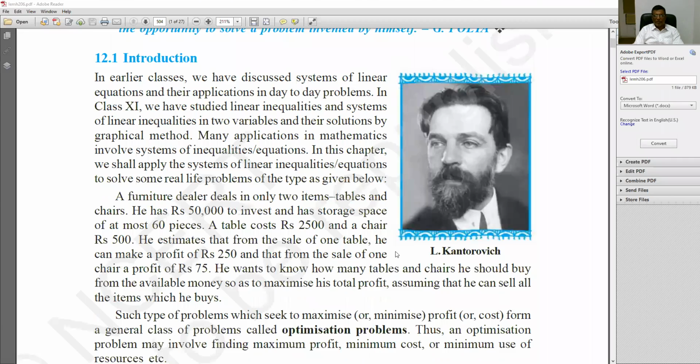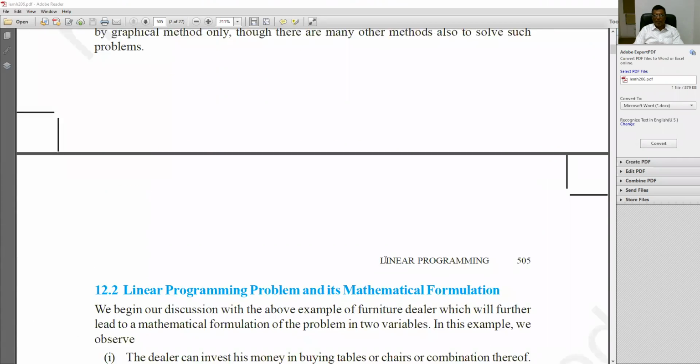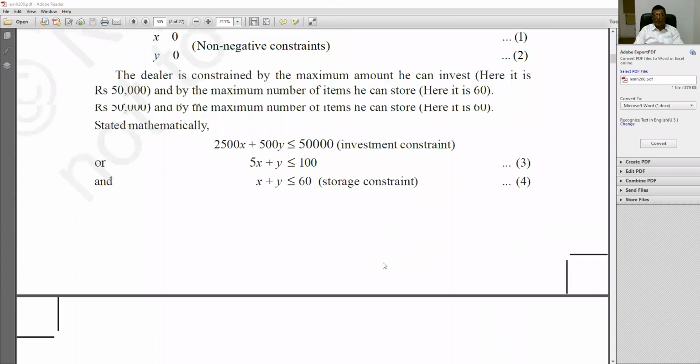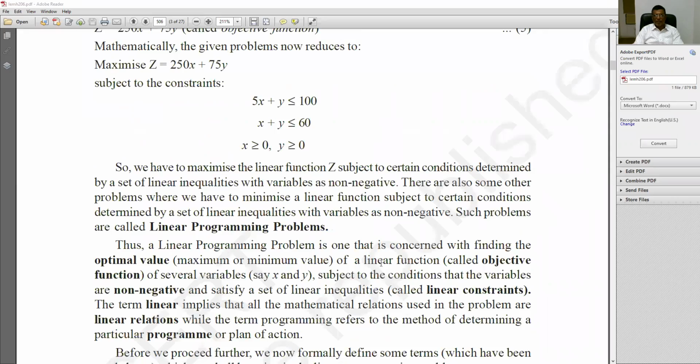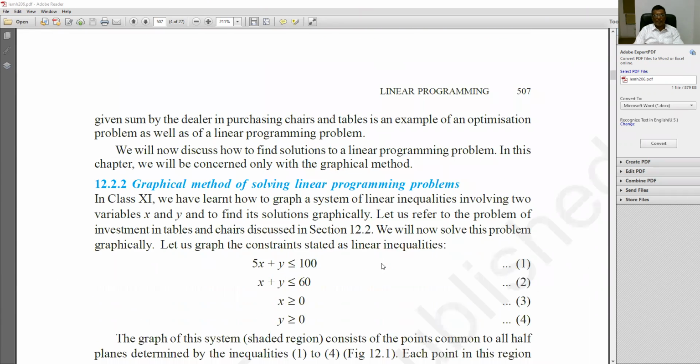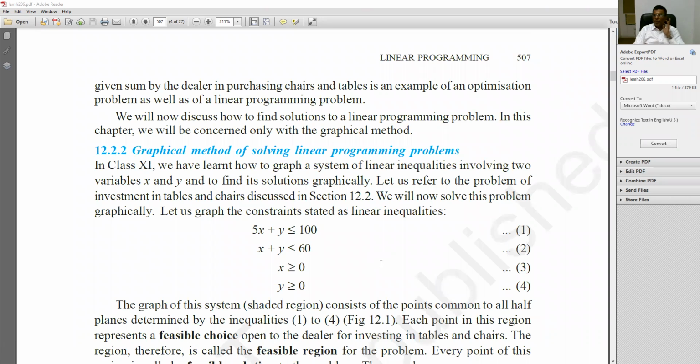You can see here, this is the linear programming chapter, and we have already studied how we formulate the problem.